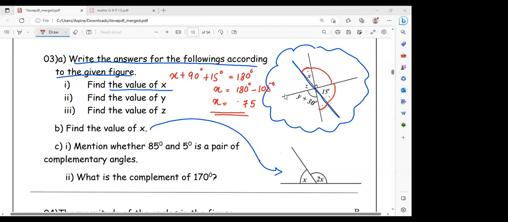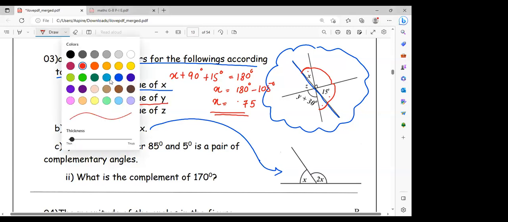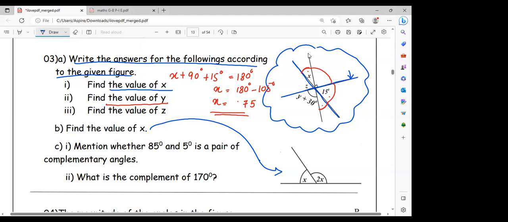You can see that when it comes to find the value of y, there are two straight line segments which pass each other. Look at this straight line segment and this straight line segment pass each other. Okay. So here look at y is added to 30 degree.